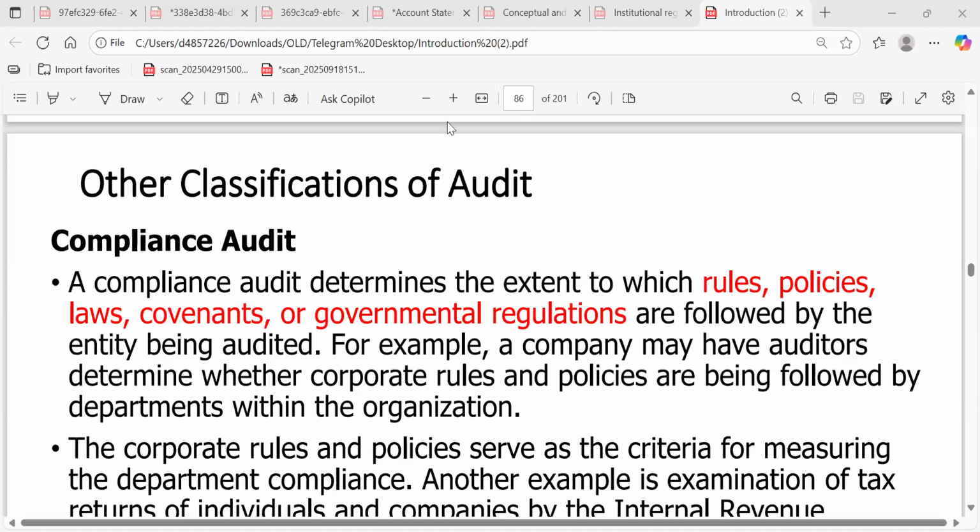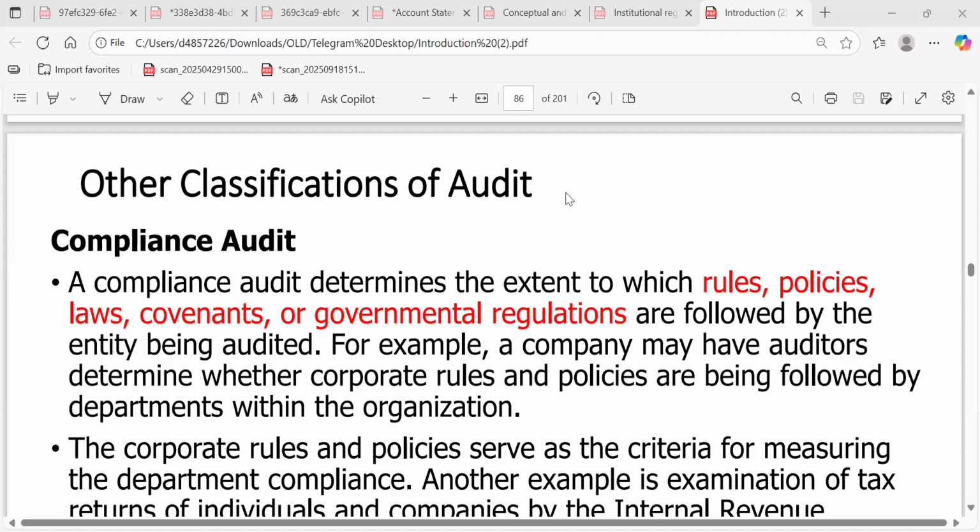Okay. So then we look at compliance audits. As the name states, a compliance audit is basically an audit carried out where the auditor is trying to examine whether the entity has complied with its internal rules, policies, and procedures. So, for example, an entity may have its procedures in terms of how it's supposed to record certain transactions and all of that.